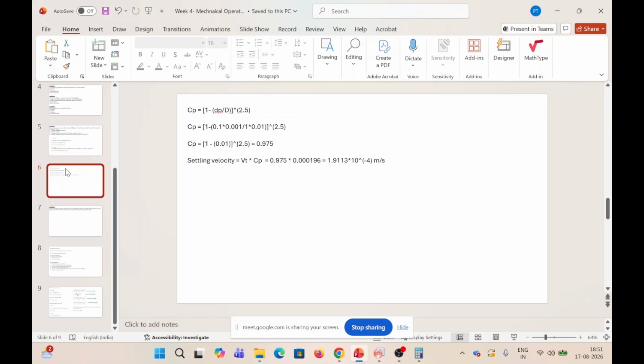So what will be the settling velocity, I mean, hindered settling velocity of the particle? Epsilon value is given as 0.2.